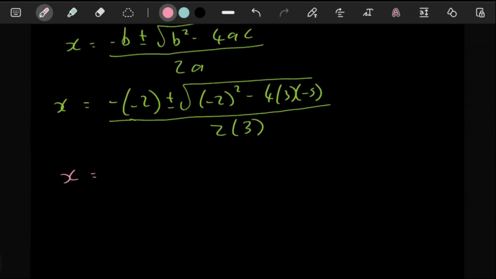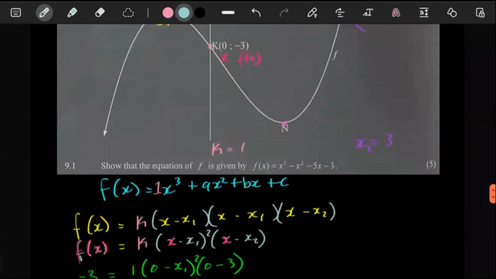Negative 2 plus square root of negative 2 squared minus 4, 3, negative 5, 2, 3. Okay, so x is 5 over 3. Or we should be expecting a negative 1. Fingers crossed. Yep, negative 1 as expected. So obviously the 5 over 3 is this one.